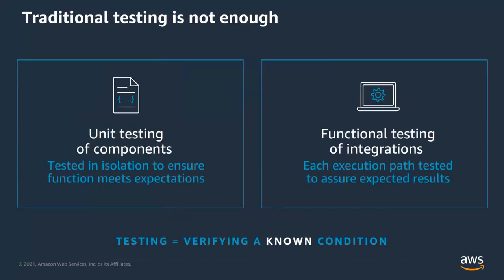Testing is of course mandatory, and we shouldn't stop doing testing, but it doesn't apply well for distributed systems, and often it doesn't address the complexity of these distributed systems. Testing tests things in isolation, and it really verifies only the known conditions.